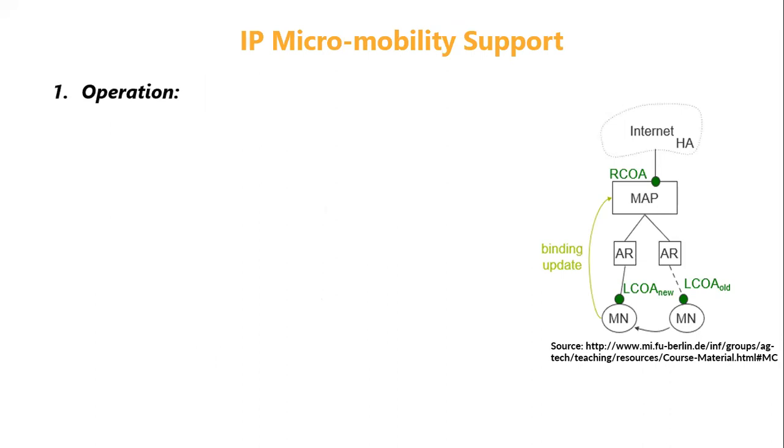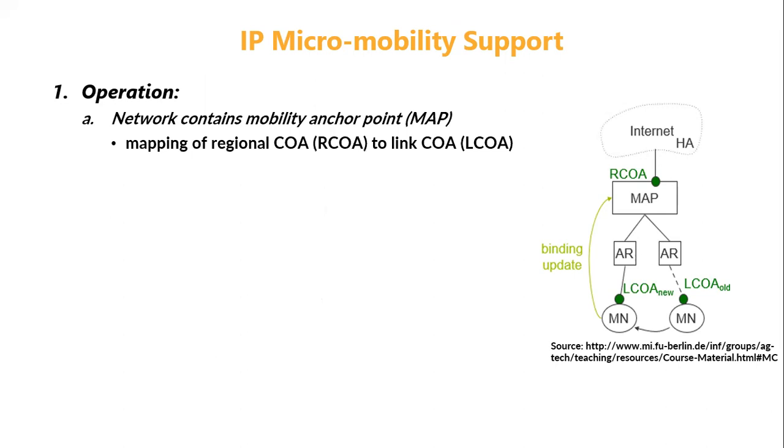So this concept is called hierarchical mobile IP version 6, also called HMIPv6.